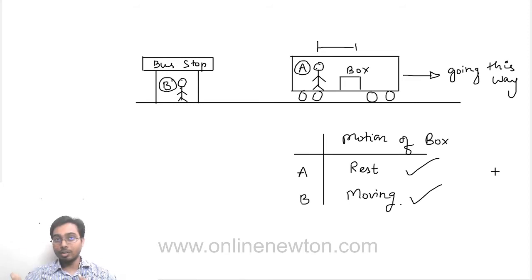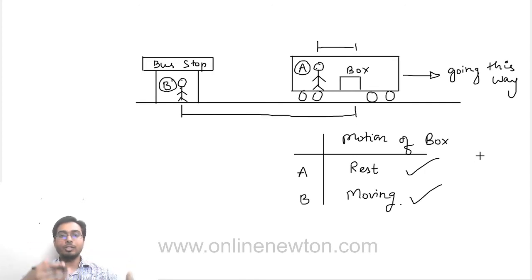Is it increasing or decreasing? If it is not, we'll say it's not moving. In this case, the distance between A and the box is not changing. It's constant, it's fixed. That's why it is at rest with respect to A. A is saying it is not moving, and he's right. But B is looking at the same box and he's measuring this distance.